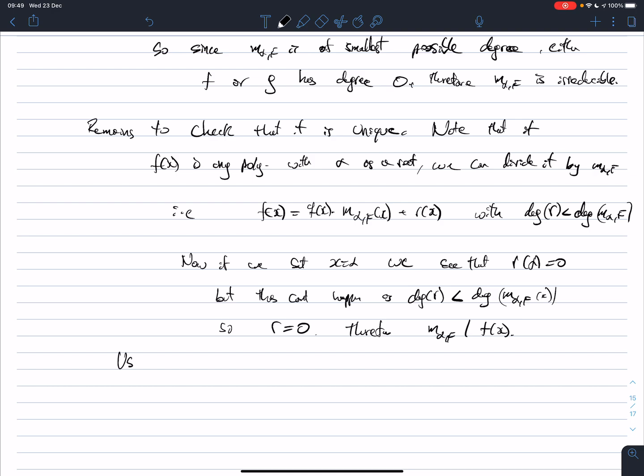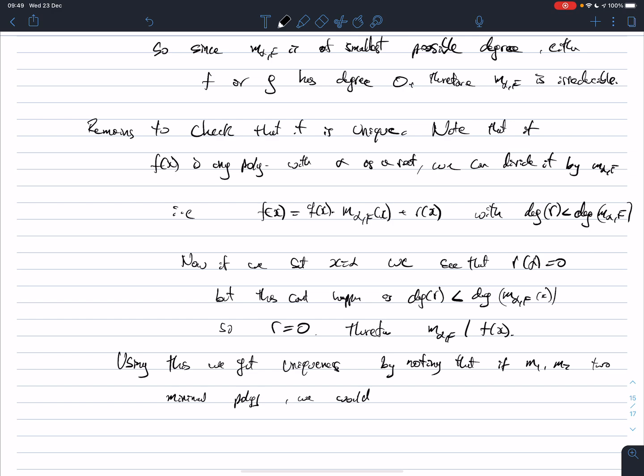So using this, we get uniqueness by noting that if I had m1 and m2, two minimal polynomials, then they satisfy all the properties that I've given to m alpha of f. In particular, they both have alpha as a root, and so we would have m1 divides m2, and m2 would have to divide m1.